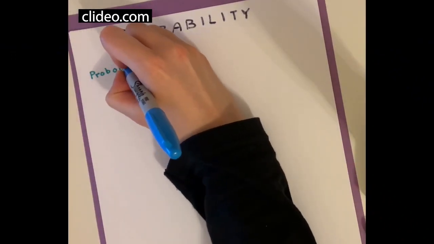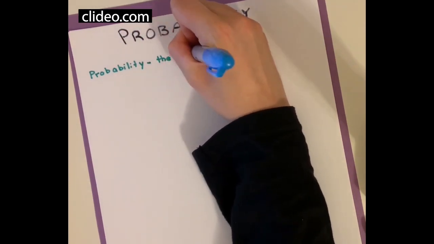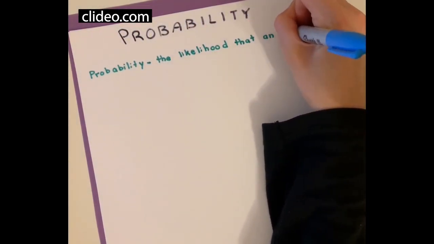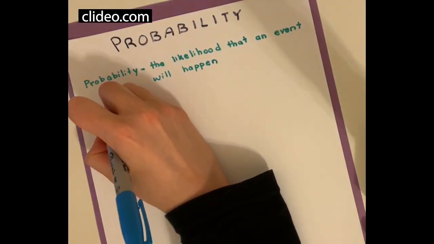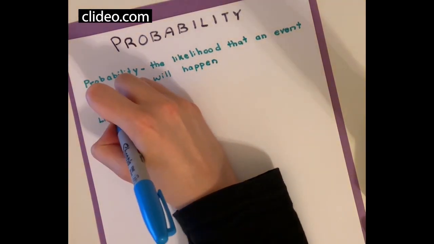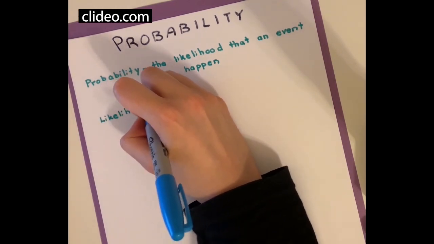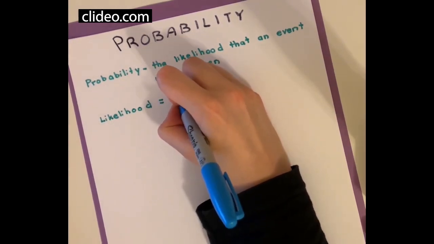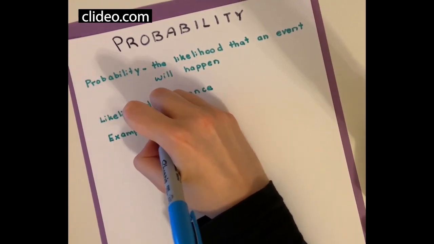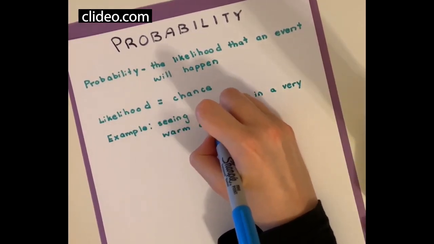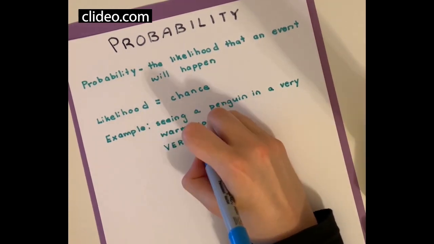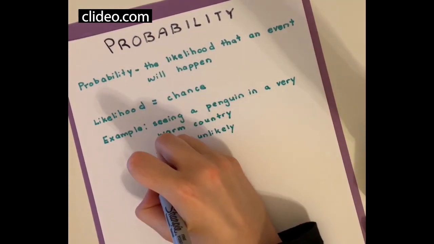Since this is a probability module, I will first explain the concept of probability, or the likelihood that an event will happen. But for many of us, the term likelihood may also seem new. We can think of likelihood as the chance of something happening. For example, we can think, what are the chances of seeing a penguin in a warm country in the middle of summer? Most of us would say that this is a very unlikely event.